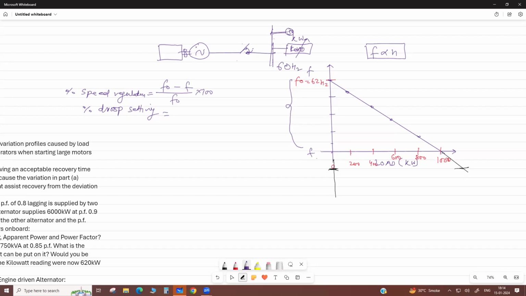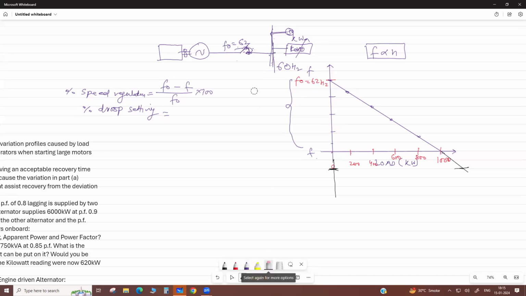Then when we connect this incoming alternator to the bus bar, the no load frequency is set higher than the bus bar, like 62 hertz. Why? Because as we connect the alternator to the bus bar, it takes the load and the frequency drops. Then at least the bus bar frequency should be within 60 hertz.